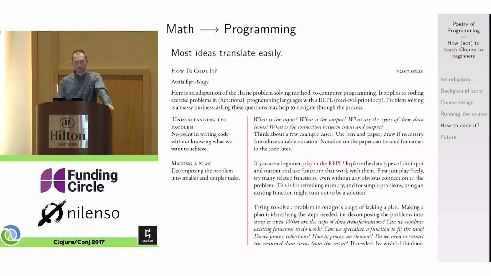Most ideas translate quite easily, especially for this scenario where I use a functional programming language to solve little mathematical puzzles. In the process of the semester, I produced this document. I will give the link later, and I even tried to reproduce the typography of the old book.